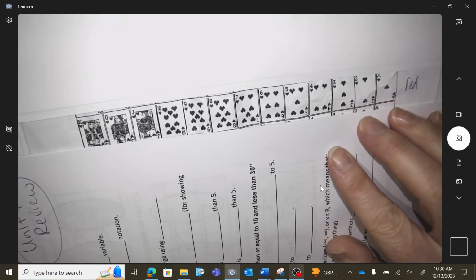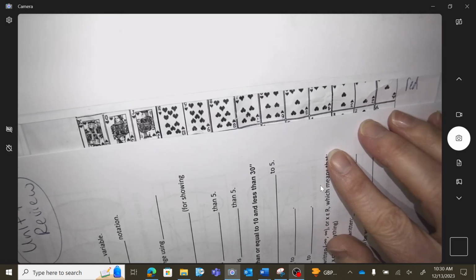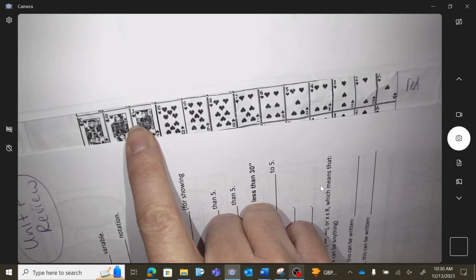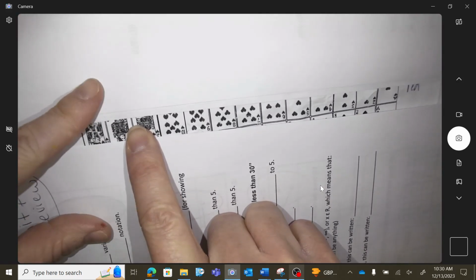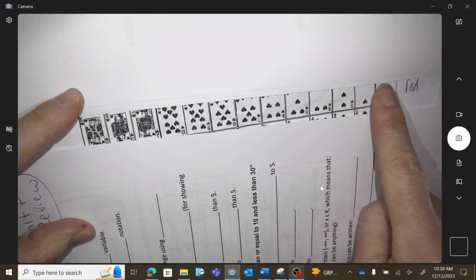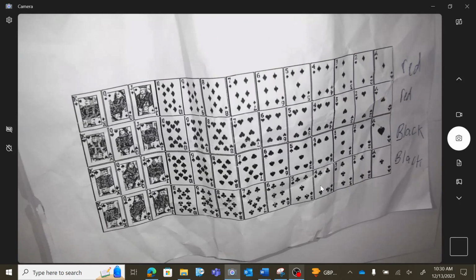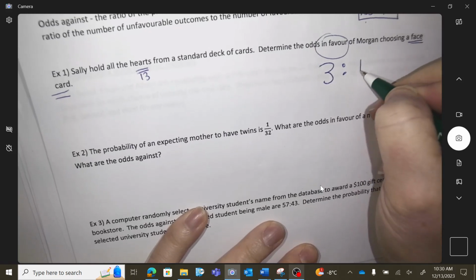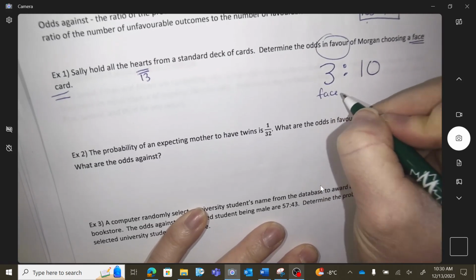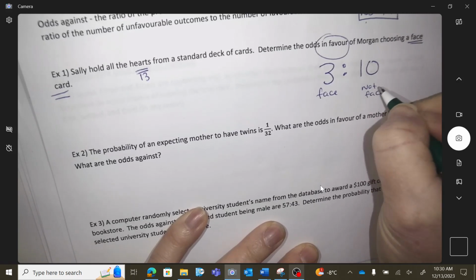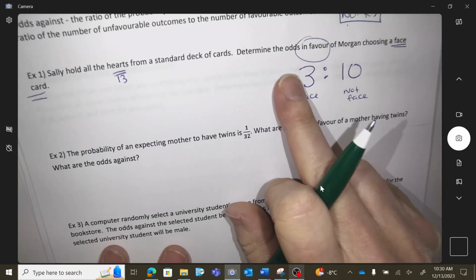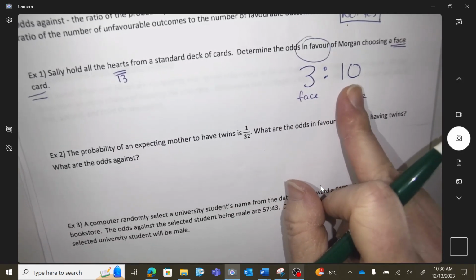What are the odds in favor of her getting a face card when you're looking at just those? 3 versus not getting that. How many are not that? 10, right? Does that kind of make sense, what I was doing? 3 face cards is in favor of getting a face card, and there's 10 that would not be.